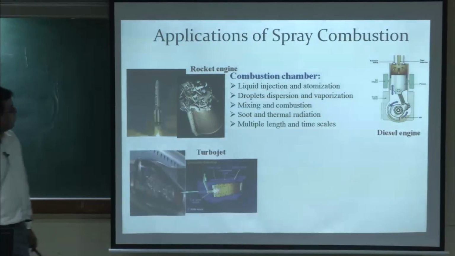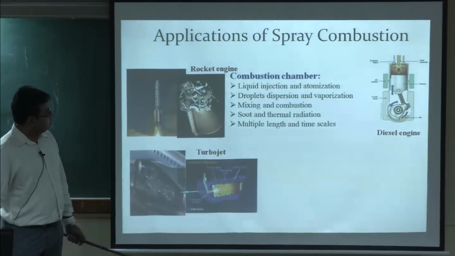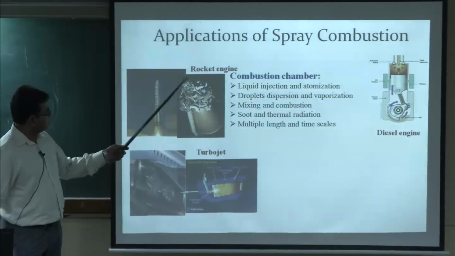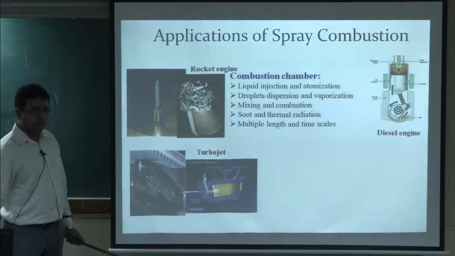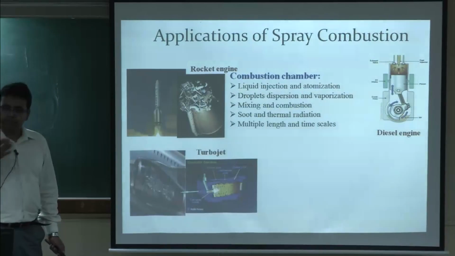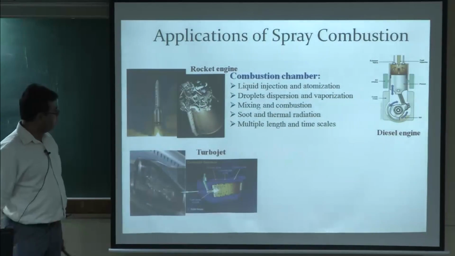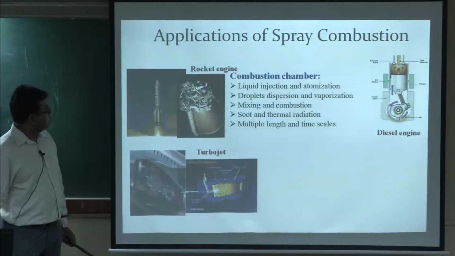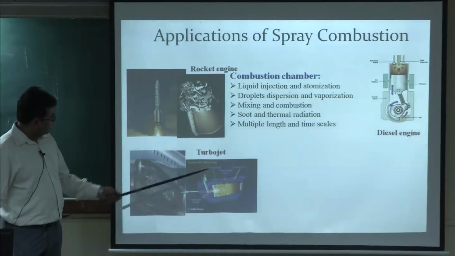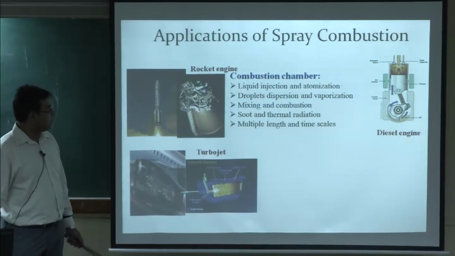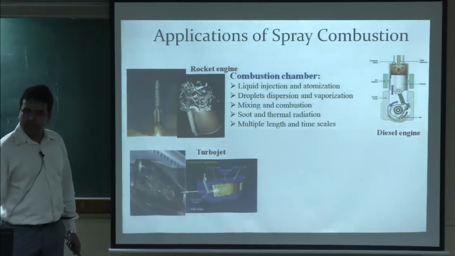As you see, liquid fuels are being used regularly in a lot of applications, like rocket engines, where the liquid fuel is injected into the oxidizing medium, and also commonly in gas turbines and diesel engine kinds of applications.